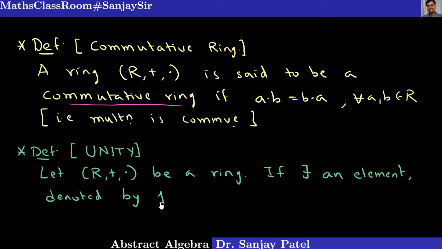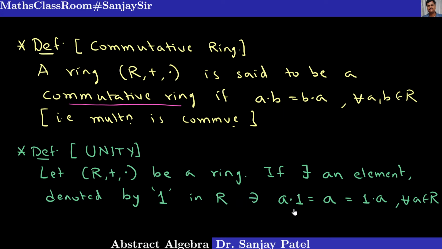the symbol 1. Remember, this is not our real number 1. In R, such that a dot 1 is equal to a is equal to 1 dot a for every a belongs to R. Please note that the multiplication operation need not be commutative here.